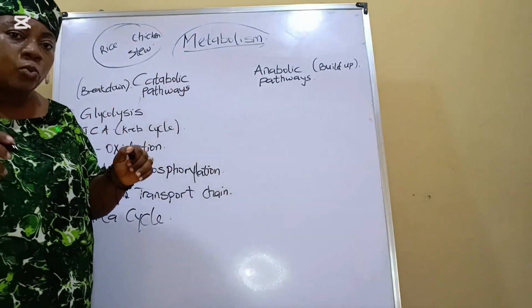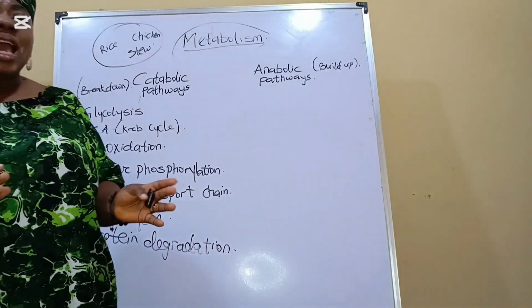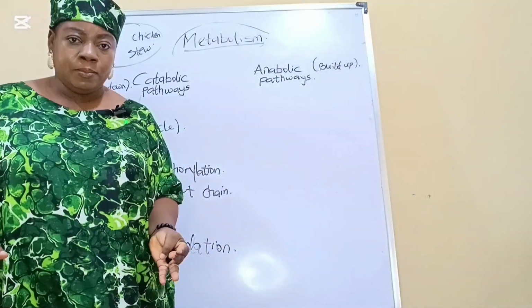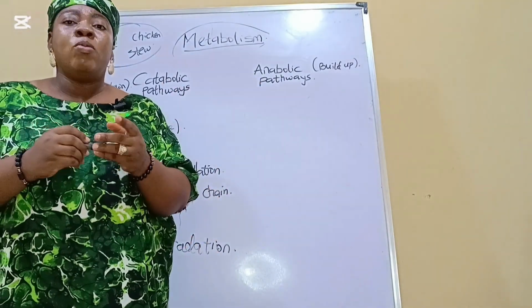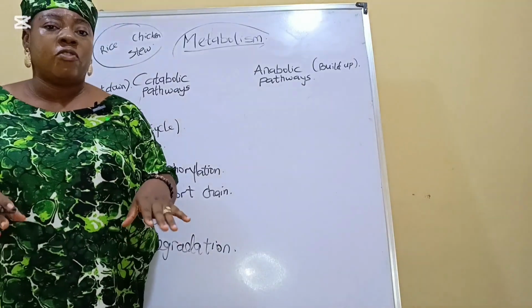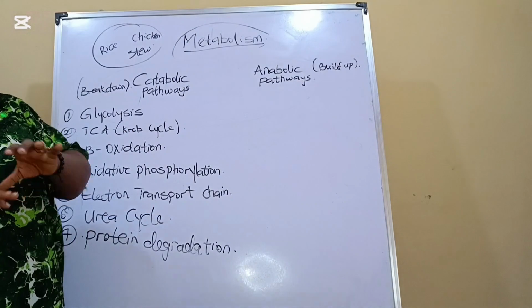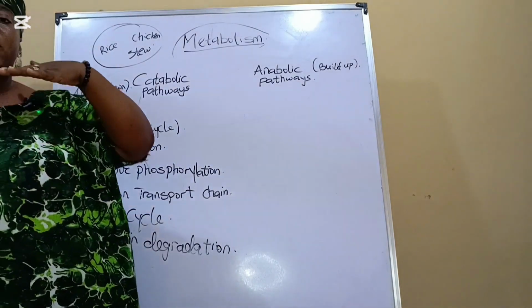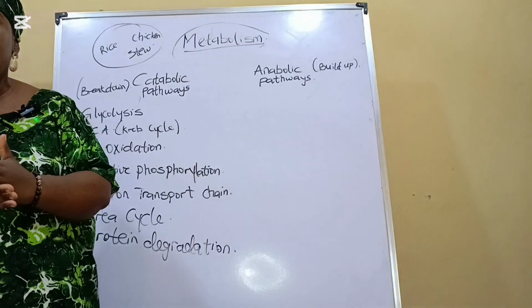Another catabolic pathway is protein degradation. This process helps to break down proteins into amino acids, which are the building blocks of protein. So protein degradation is just the process that helps in breaking down proteins into amino acids.